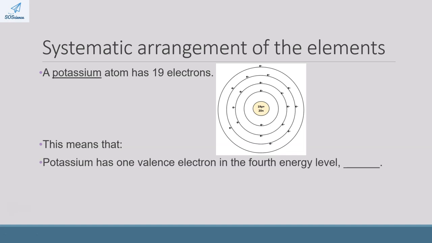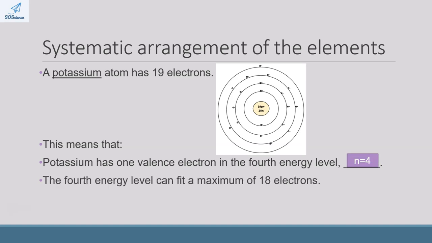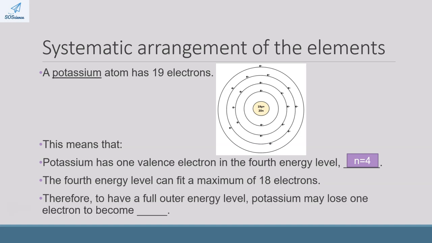So this means that potassium has 1 valence electron in the fourth energy level, which is n equals 4. The fourth energy level can fit a maximum of 18 electrons, as we learned. However, to have a full outer energy level, potassium has one option, and that is to lose one electron, its valence electron, and it forms the ion K+.